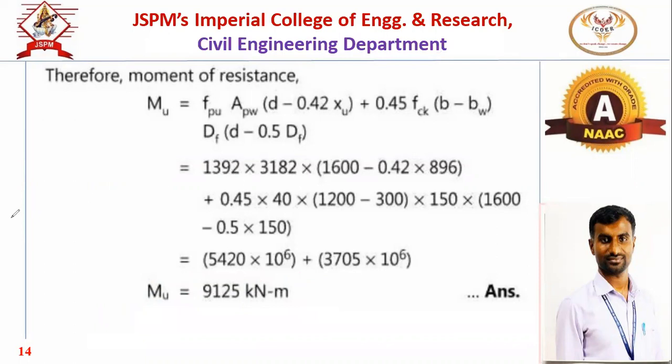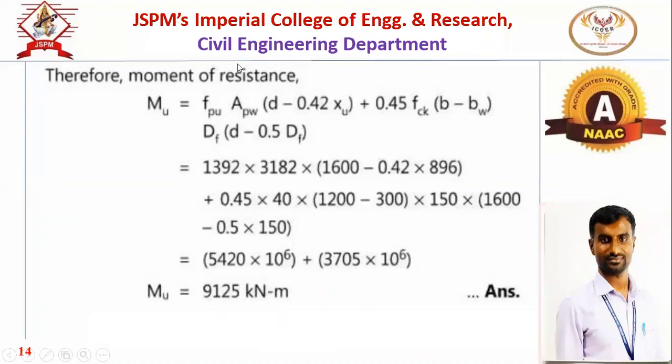So that's why read all the clauses in IS 1343 2012. Read all the clauses very clearly. Make notes. That is very important from the examination point of view. So this is for the moment of resistance for the T section, that is the flange section, as well as for the rectangular section.